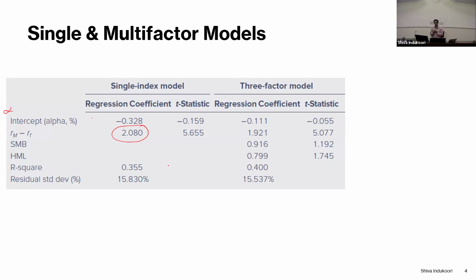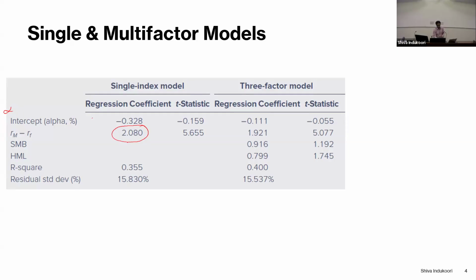Say the answer is negative 0.75. What does that mean? Market is up by 1 unit, your return will come down by 0.75. Inverse relationship. That's what we are looking at here.